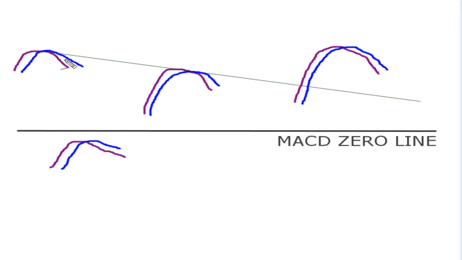So let's say you have a stock that is moving higher in price. Now you're trying to find a way to short the stock. The same principles work here. If you find a crossover when the MACDs are above zero, it's not reliable. I'm going to show you examples.